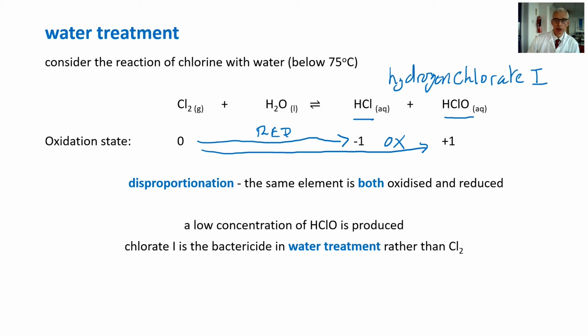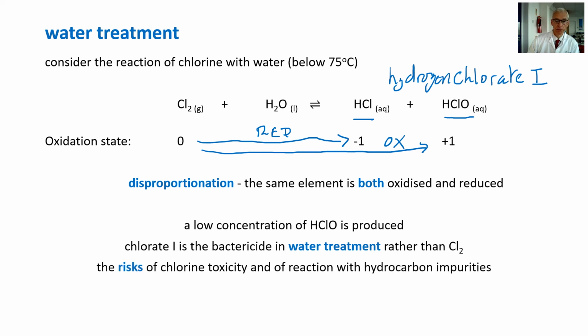As you know, there are some risks associated with chlorine. Chlorine is a very toxic gas, and escape of chlorine would be very hazardous. Chlorine reacts with hydrocarbons to make chlorinated products which may or may not be toxic.